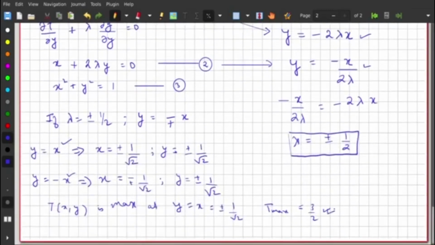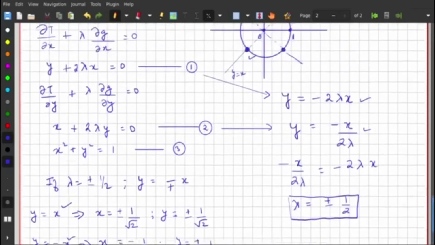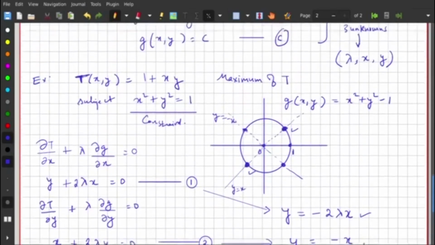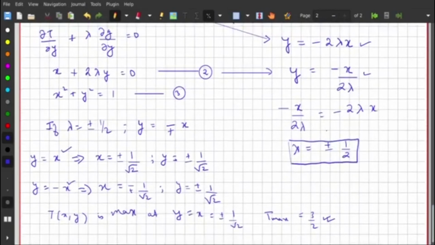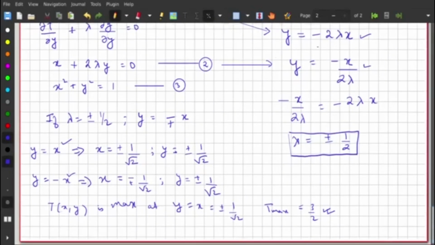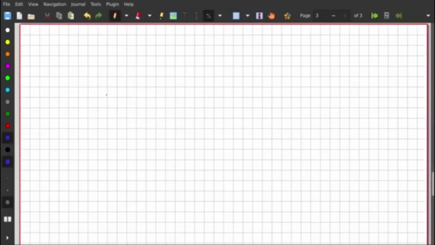So that's an example of an optimization problem where we extremized the function t subject to a given constraint. This idea can be extended to higher dimensions, where we have, let's say, a function of 3 variables.